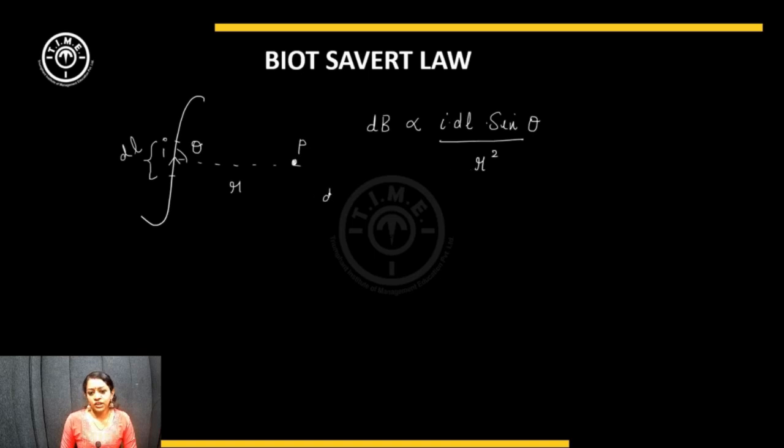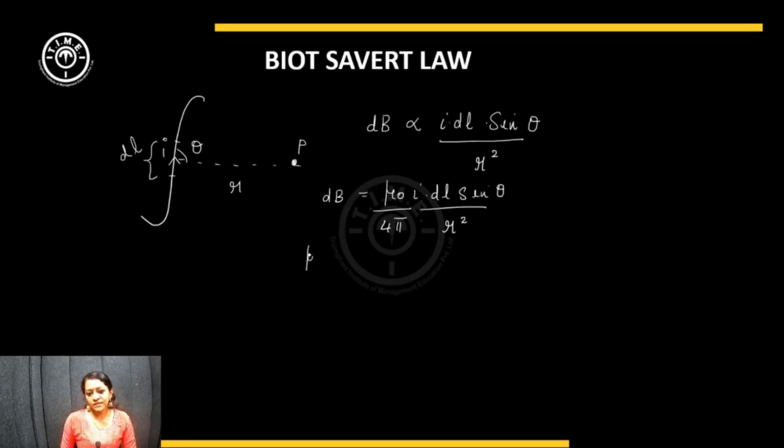Here we can give a proportionality constant K, which is mu 0 by 4 pi. So the equation becomes dB is equal to mu 0 by 4 pi into I dl sine theta divided by r square. And this mu 0 is nothing but permeability.